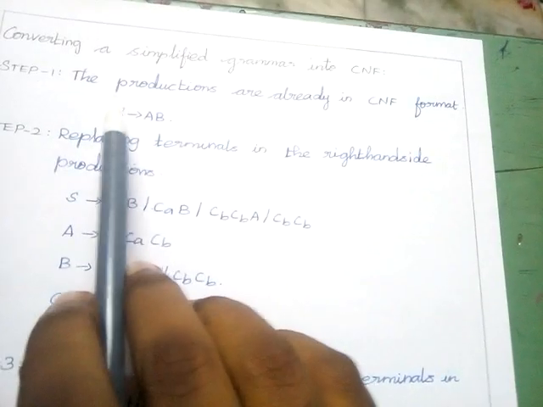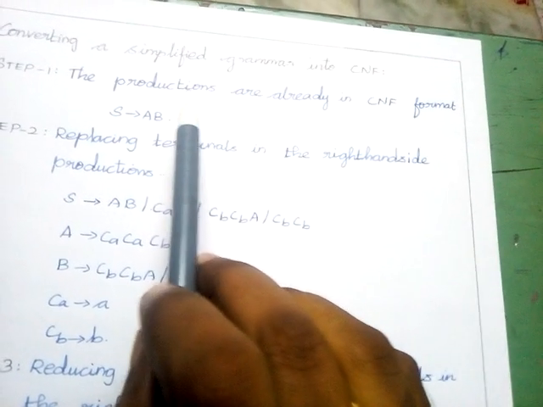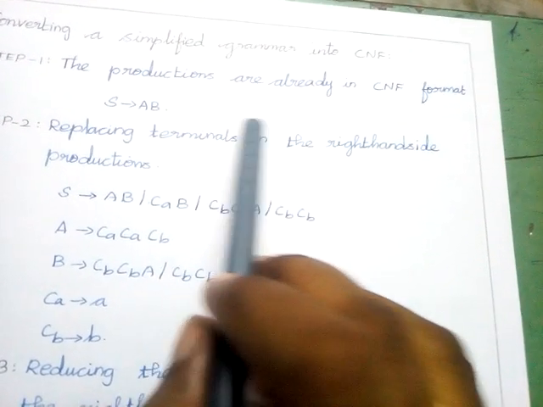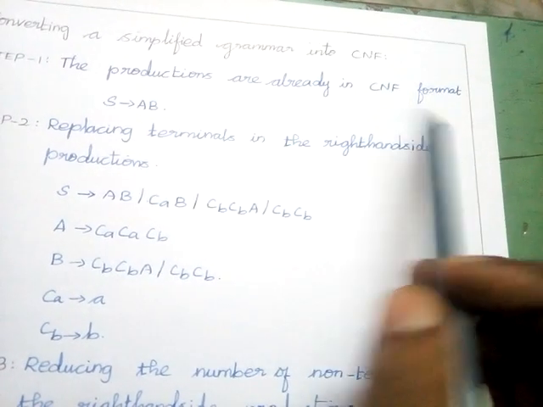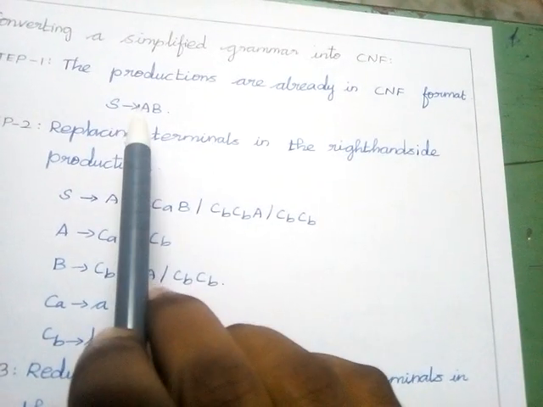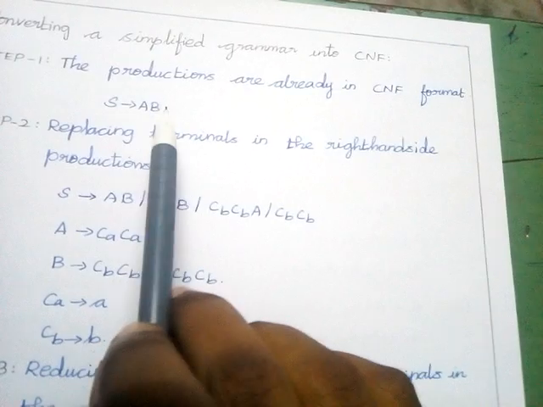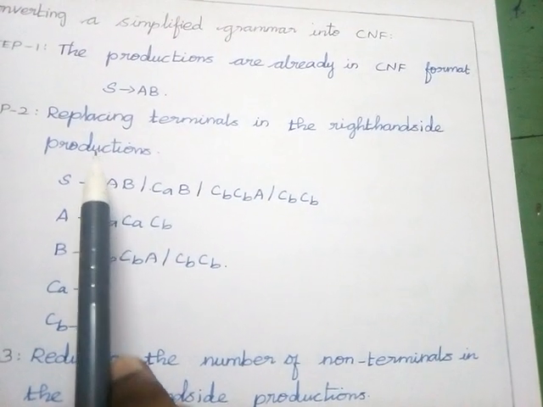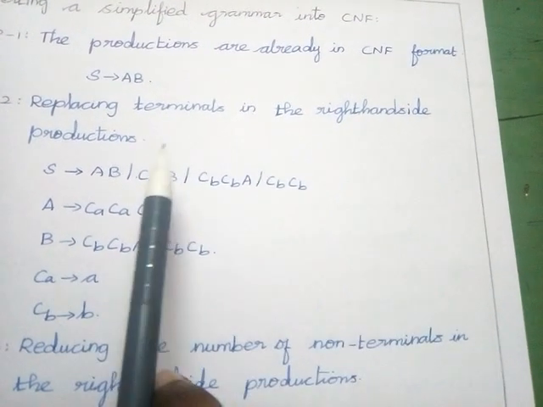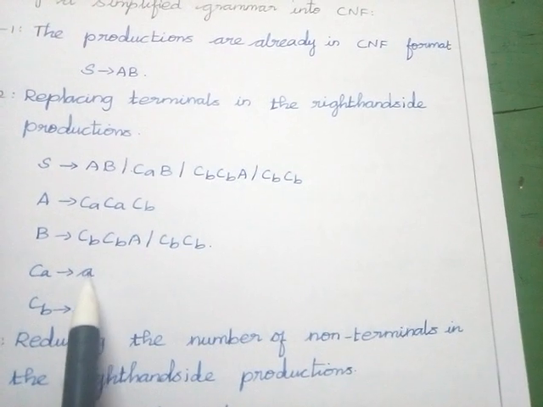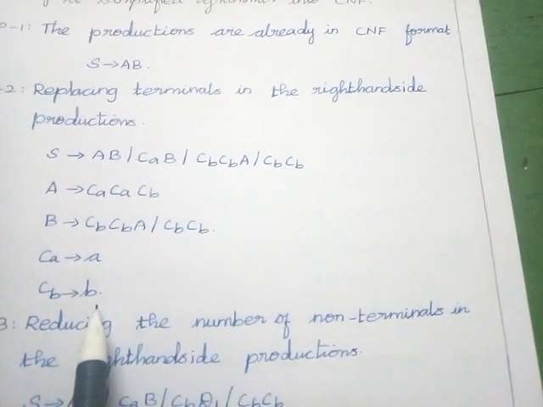For that, the first step is to write the productions which are already in Chomsky normal form. This is a production which is already in Chomsky normal form. The next step is to replace the terminals in the right hand side productions. For that, we have to replace A with CA and B with CB.